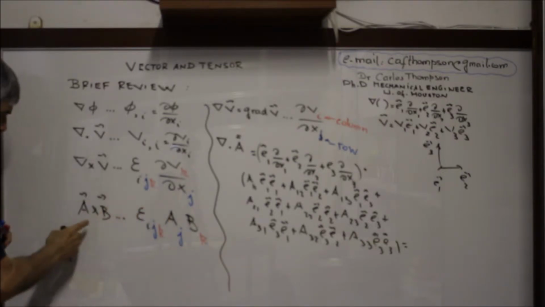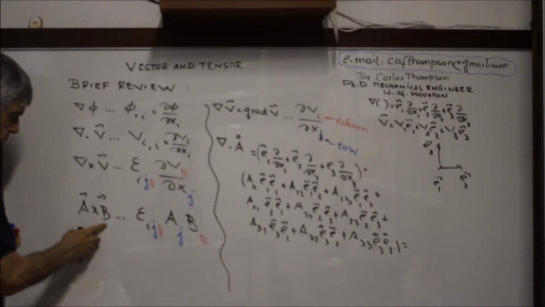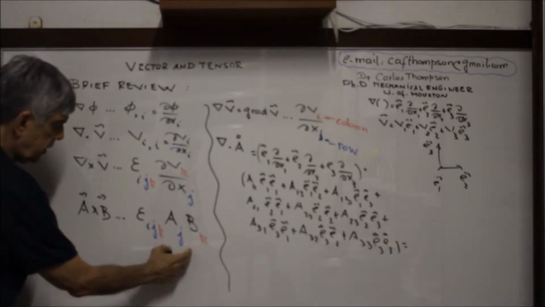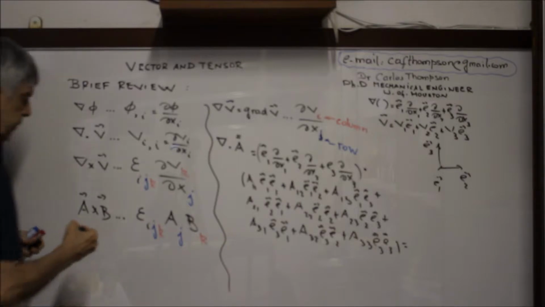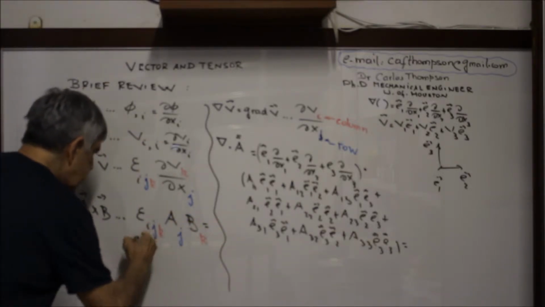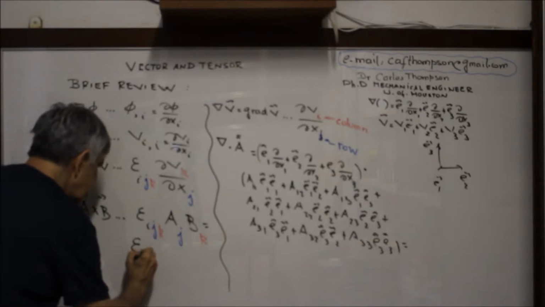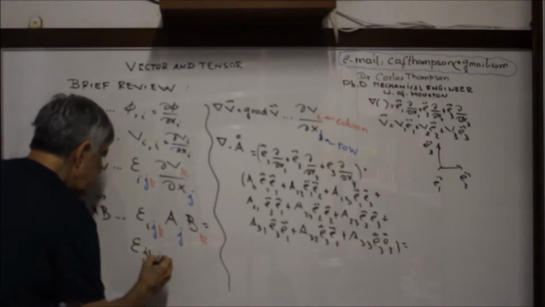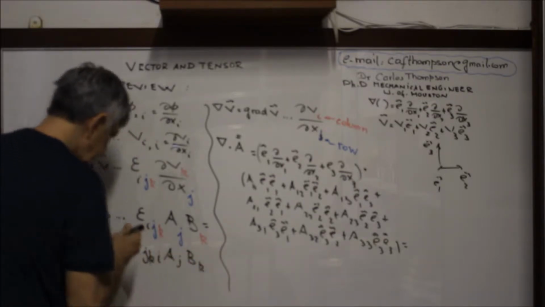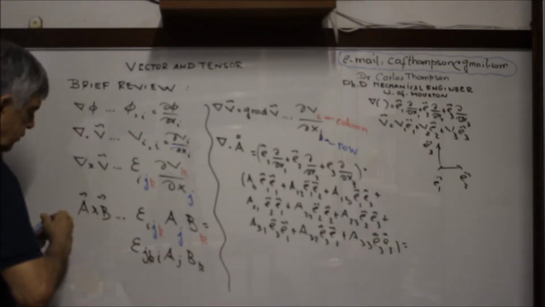Now, just for you to remember, A cross B is epsilon ijk Aj Bk. You see, j over here and k over there. Okay? This is the same if I exchange j and k over here: it's Aj Bk. The same. Okay? This is j.